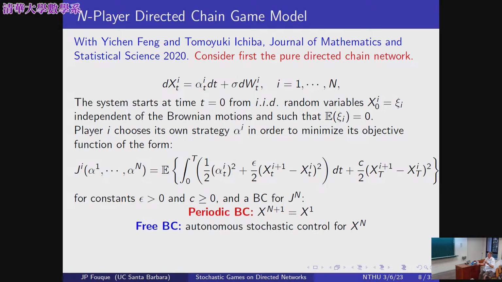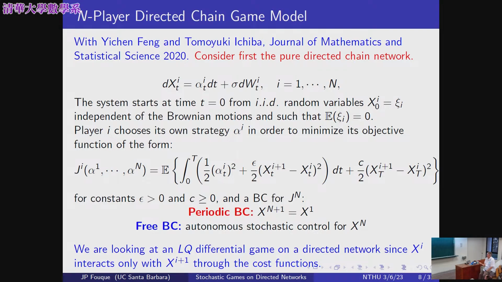That's the free boundary. Or it can be periodic boundary condition, and then you don't need anything else. Simply n plus 1 is x1. When I equals n, this is n plus 1, and you remember the circle. Okay. So several types of boundary condition, and we will let n go to infinity anyway.